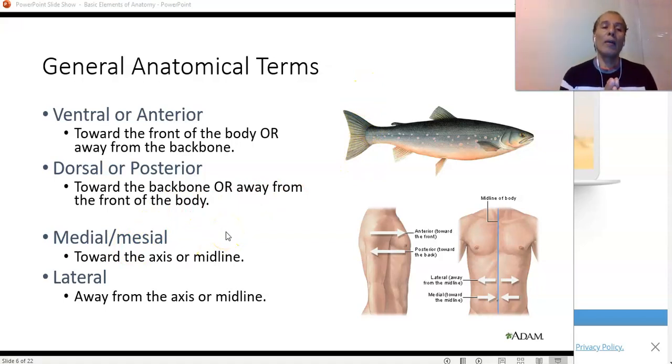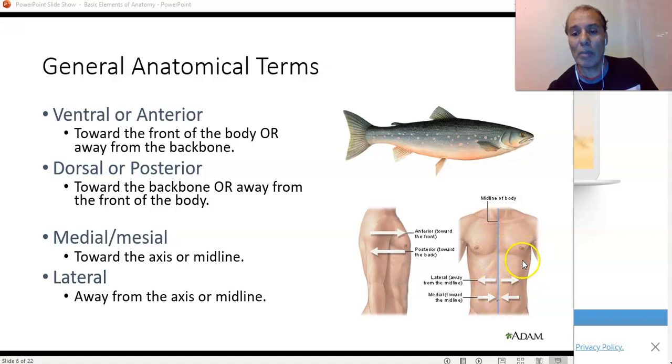Now, medial or mesial. One of them is from Latin, one from Greek. It means toward the middle, or it has to do with the middle. So look here, for example, the midline is here.